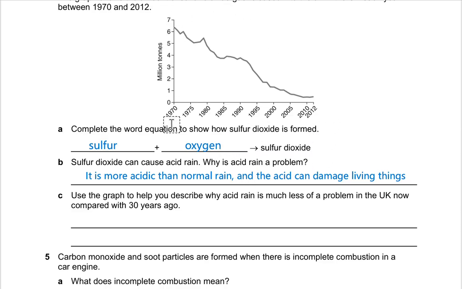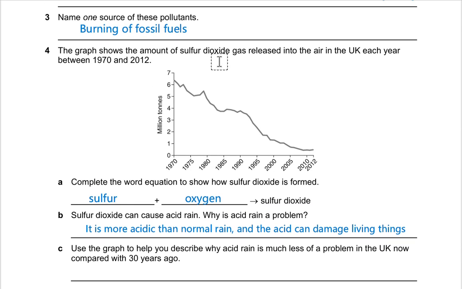So now they are saying it's no longer a problem in the UK. So why do you think it's not a problem for them anymore? What do you have to look for here? The amount of sulfur dioxide gas released. What has happened to the amount of sulfur dioxide gas released? It has decreased over the time.